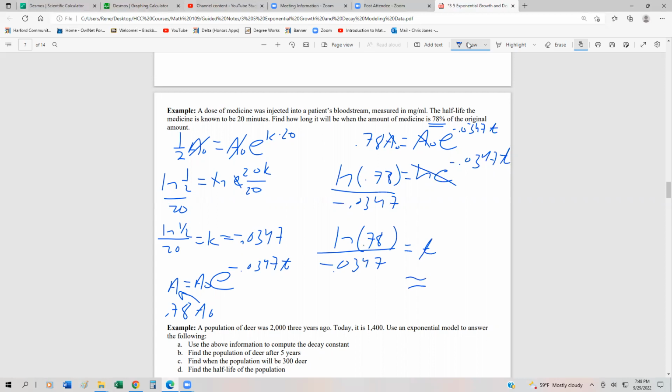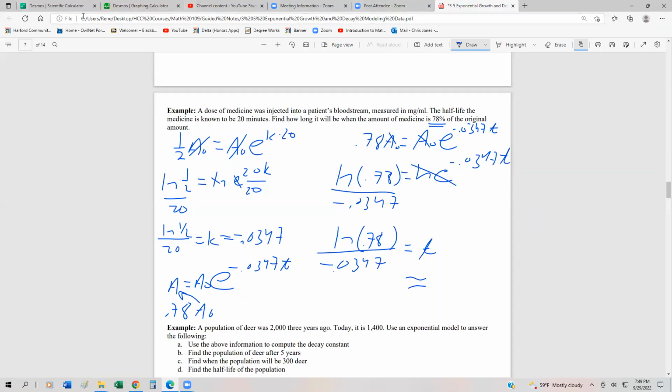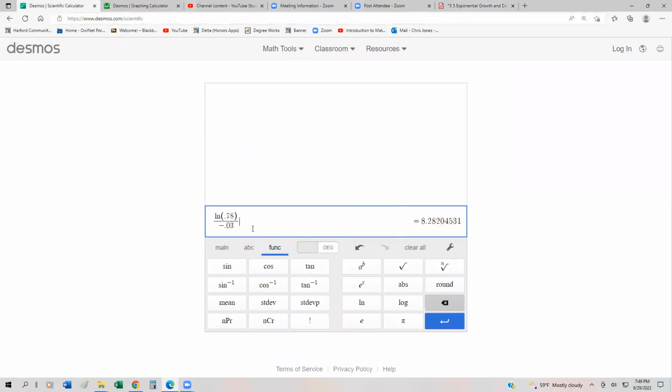And then let's just approximate t by going in our calculators. All right, so ln of 0.78, divided by negative 0.0347, and that gives us 7.16.